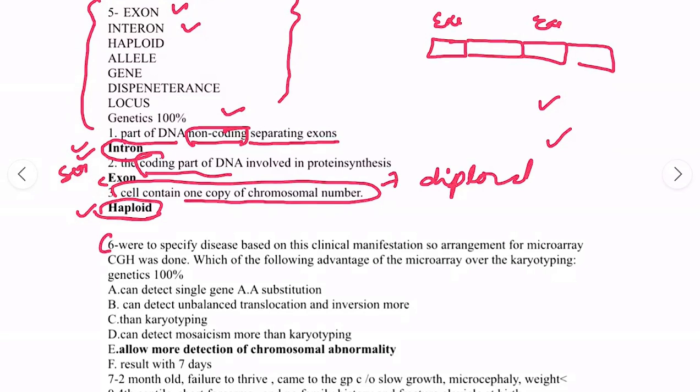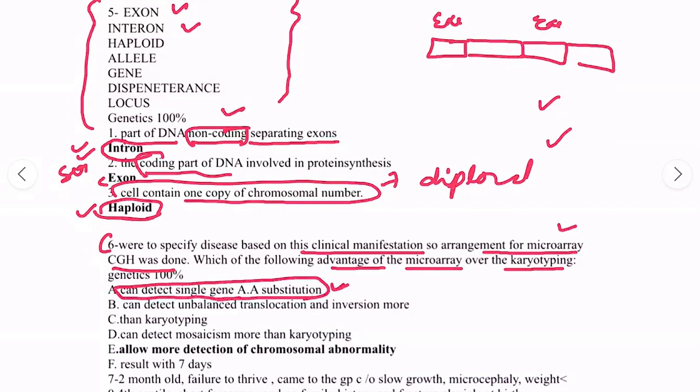Next one: a word to specify disease based on its clinical manifestation. Microarray CGH was done. Which one of the following is an advantage of microarray over karyotyping? Microarray can detect single gene amino acid substitution? How do we detect single gene substitution? Not at all.